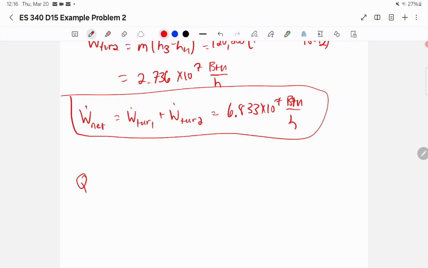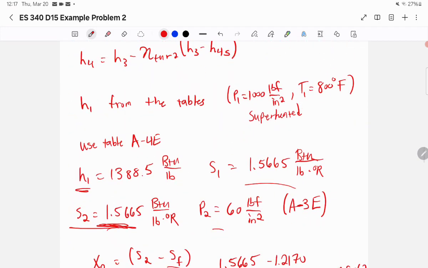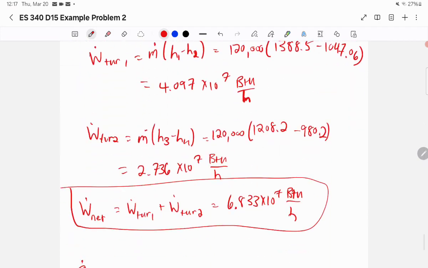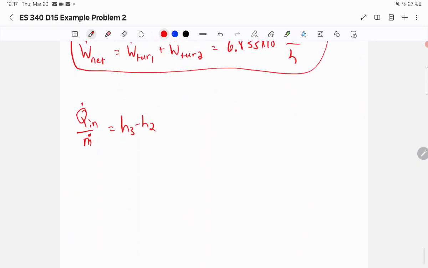And then Q in dot over M dot, we found to be equal to H3 minus H2. If you go way back up here, H3 minus H2. So that implies, of course, that Q in dot is equal to M dot times H3 minus H2.